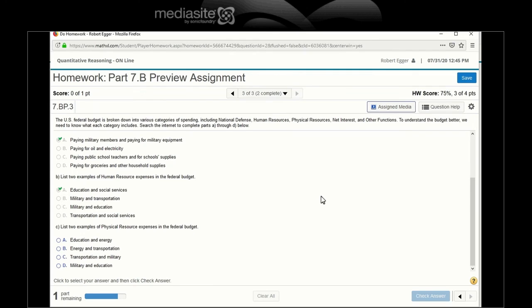Two examples of physical resources in the federal budget. Physical resources. Again, I'm going to rule out military. And down to A and B. Now, energy is definitely a resource.